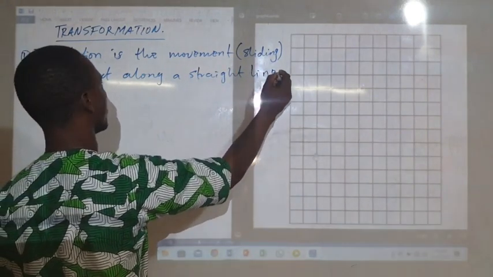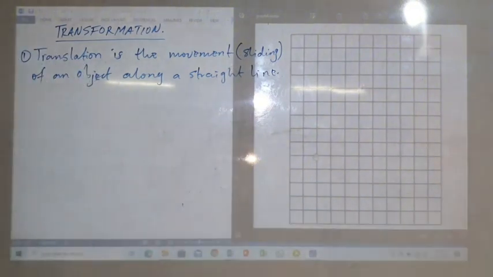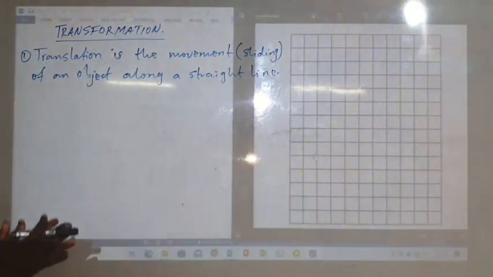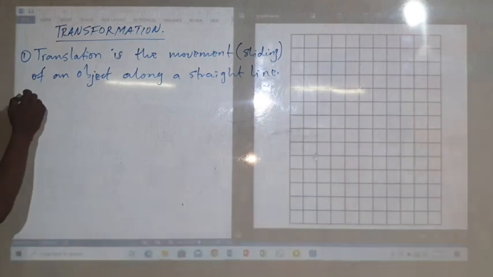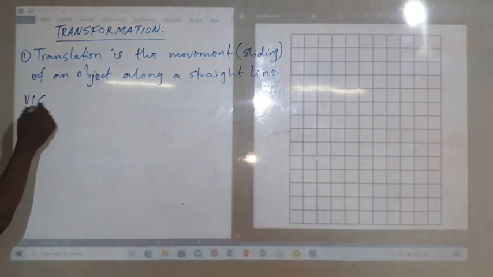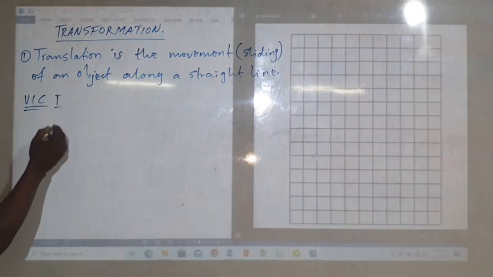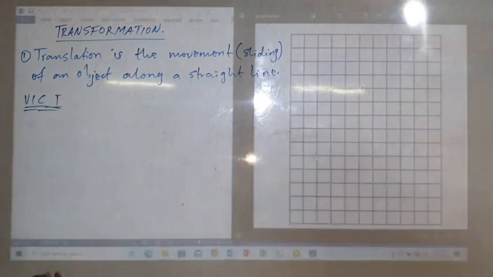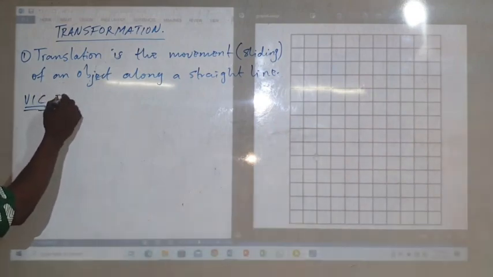So this is the definition of translation. Under this translation, we have VIC. We call this VIC, very important concept. So this is the rule to use. If you want to translate, we have a rule to follow. And I call this VIC1.